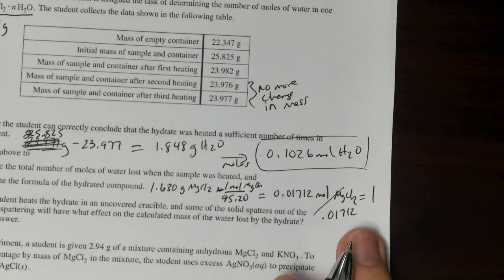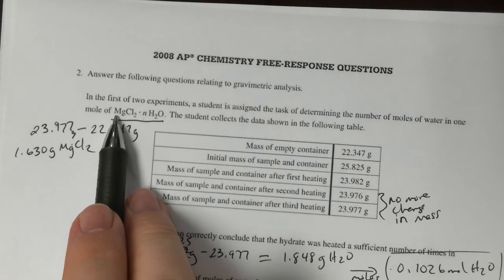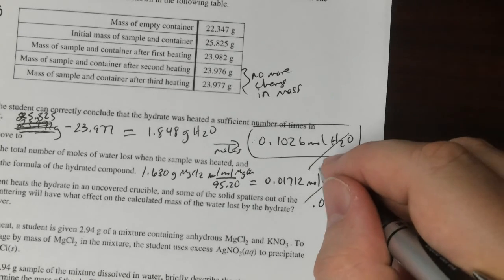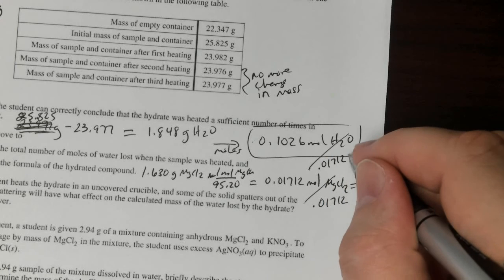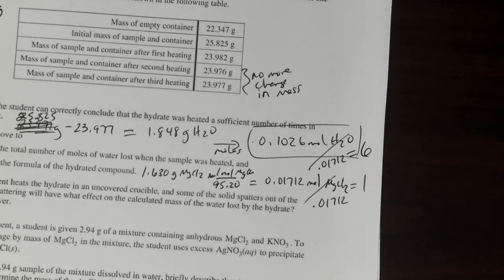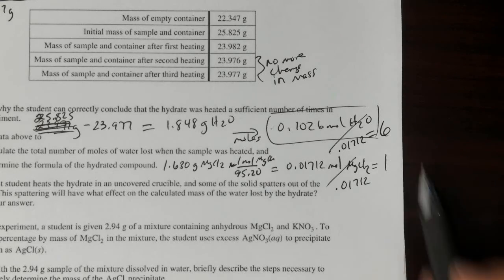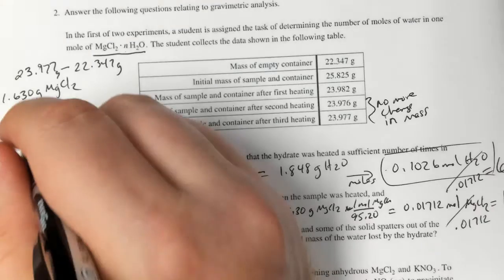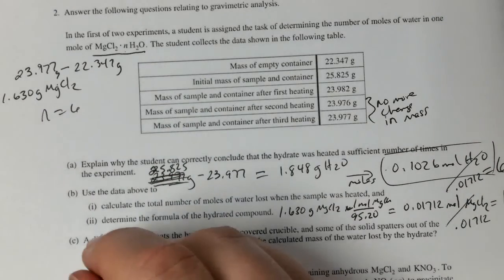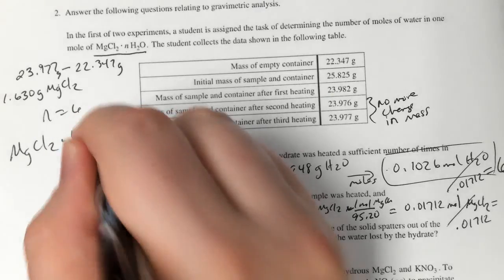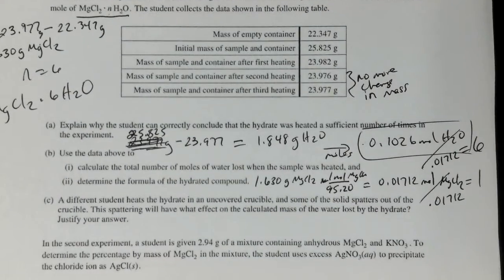And that's the coefficient of my anhydrate. So notice there's a 1 in front of MgCl2. And then we do the same thing for the water, and that comes out to be 6. It's like 5.99 something. So there is our N. N equals 6. Our formula is MgCl2 6 waters, magnesium chloride hexahydrate.